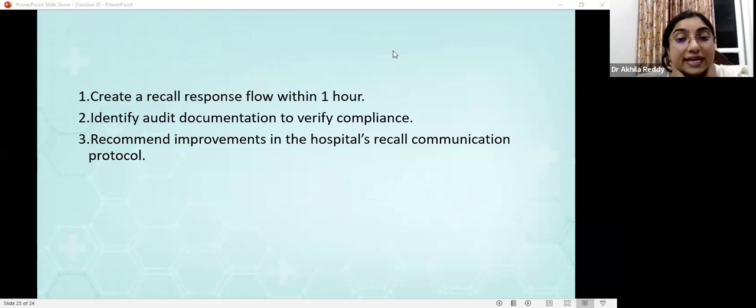So there should be a TAT, turnaround time. For every recall, for every incident, there should be a TAT fixed. See, we have kept 1 hour. If we maintain this, then at least we would not have missed this response, right? At 10 o'clock, we received the drug recall.